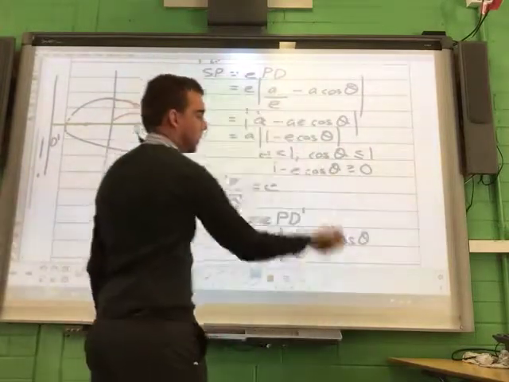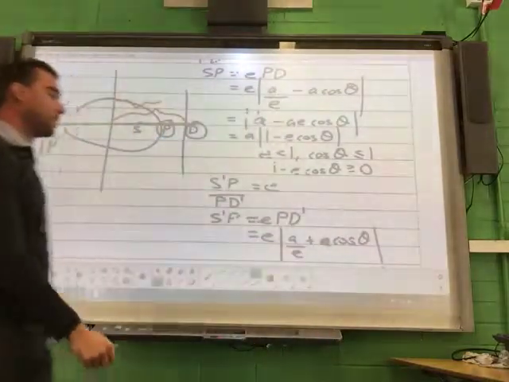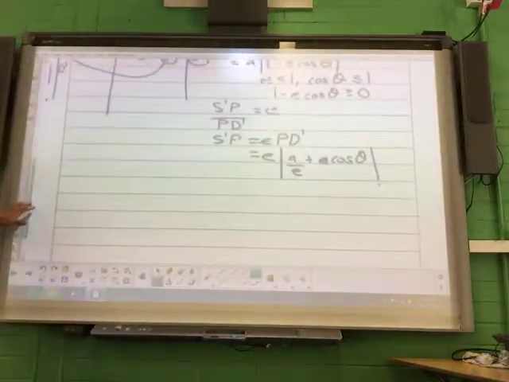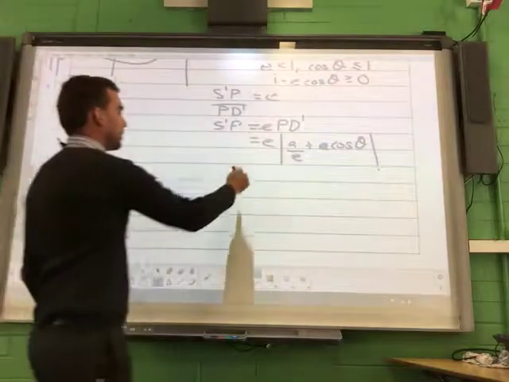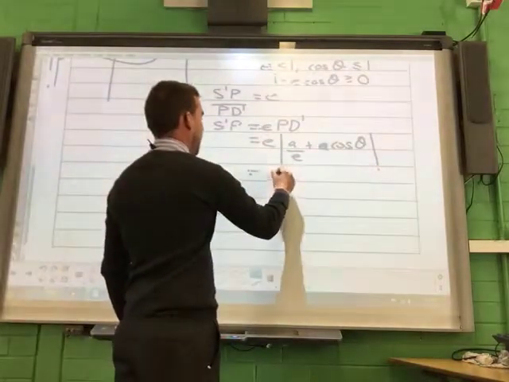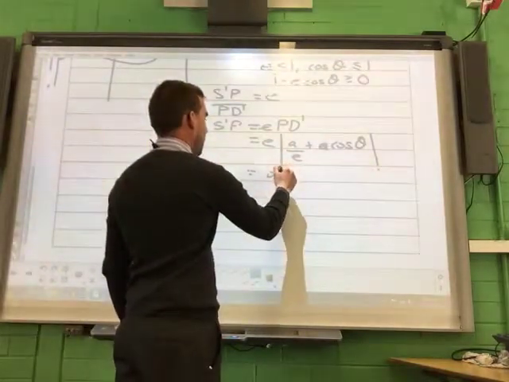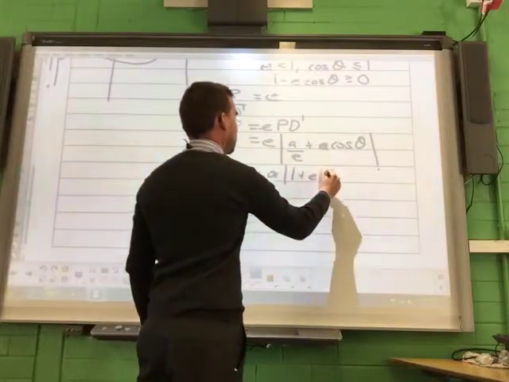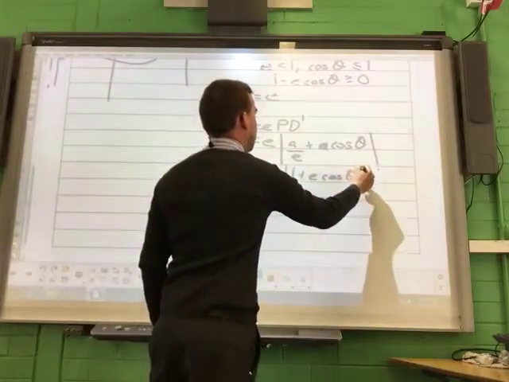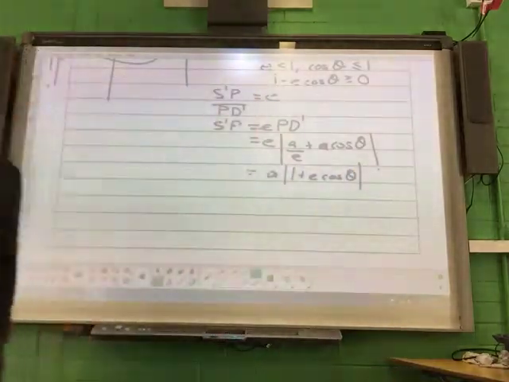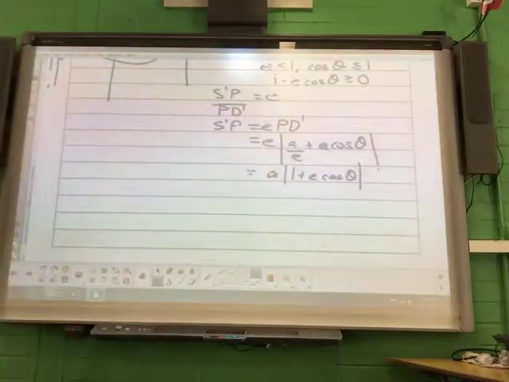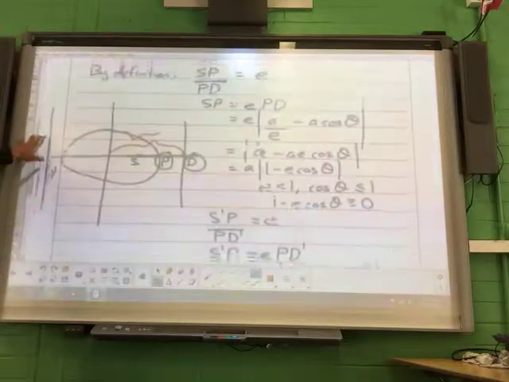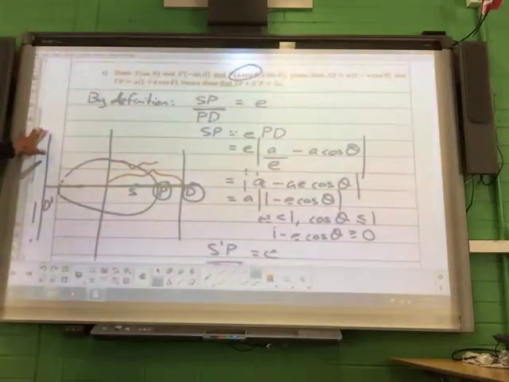Just write it in the same format as up there. When I tidy it all up, expand and factorise the A out, it's A outside, 1 plus E cos theta.